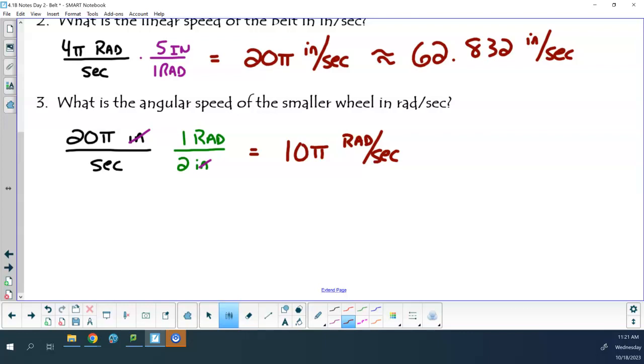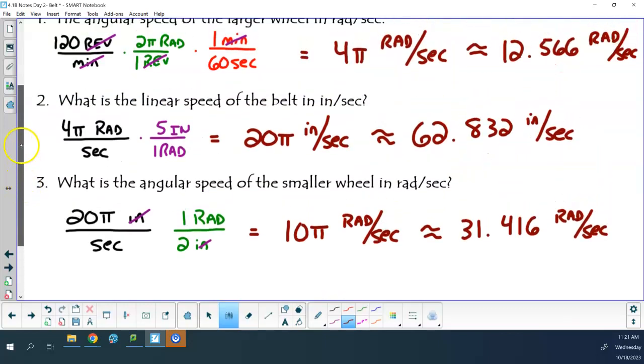Because they're connected, the smaller wheel has to spin faster to keep up with the belt that's spinning it. So the smaller wheel is spinning at 10 pi radians per second, which is approximately 31.416 radians per second.